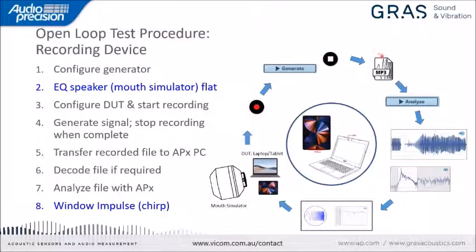Then we transfer the file that is recorded in the PC or tablet to the analyzer, and then we analyze the signal in the APX 500 software. It is important to mention that the APX software allows us to time window the signal if we want to get rid of unwanted reflections, for example, from non-ideal acoustic environments.